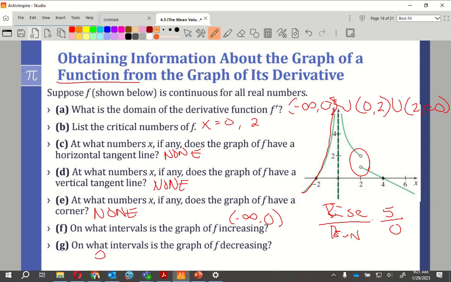What am I using? Parentheses. Very good. So, to what? 2. Parentheses. Union. Union, right? Parentheses and 2 onto infinity, right? And beyond.